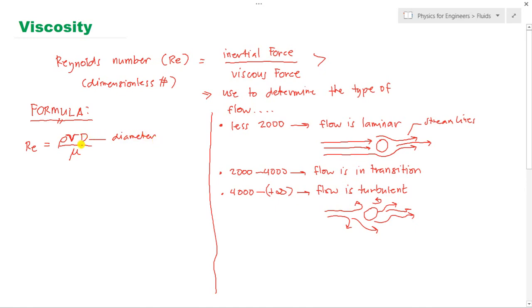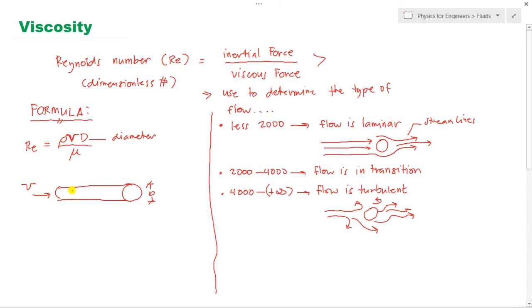Unsa may diameter, sir? In a certain type of flow, dapat naka-assume na diameter. Let's say this is a pipe. Then of course naay flow ana sa tubig, so naa tay D ani, di ba? And then kani nga flow, naa tay velocity V, right?